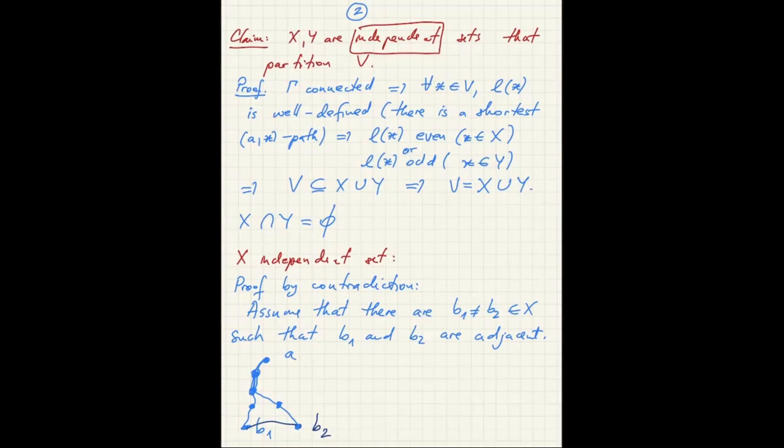So what we're going to do, so because L of b1 is even, there is an A b1 path, let's call it p1, of length L b1, which is even.